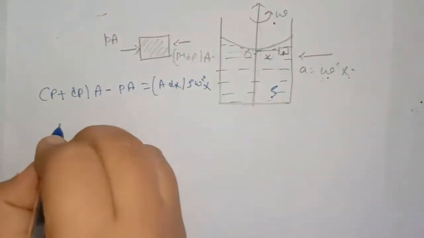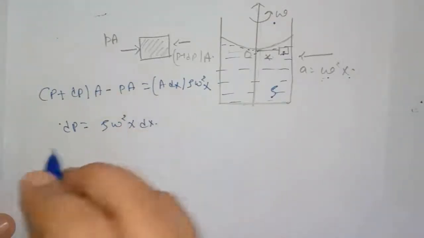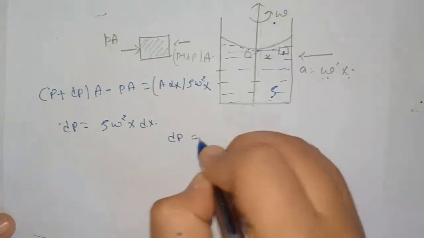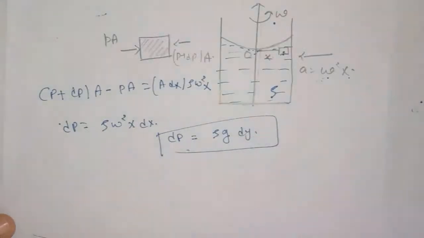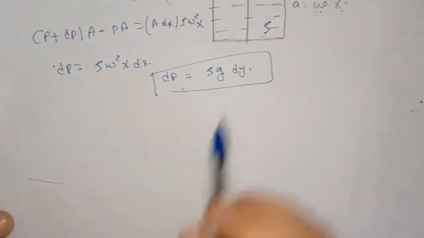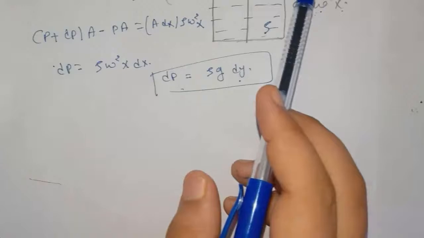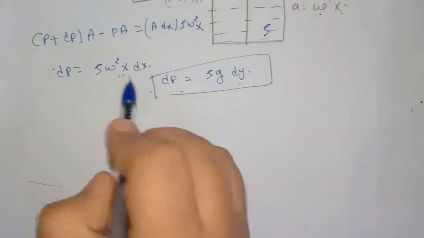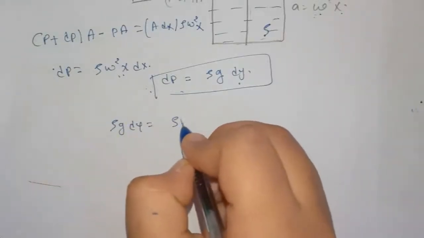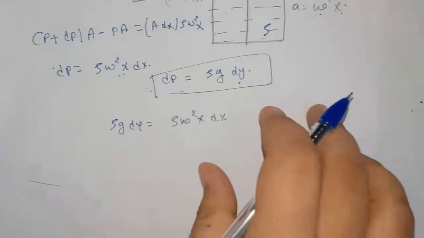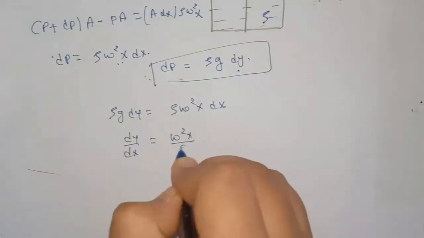From this we can write dp is equal to rho omega square x dx. So dp is equal to rho g dy. dy is the difference in vertical height and dx is the difference in the length. From this too we can write rho g dy is equal to rho omega square x dx. So dy by dx is equal to omega square x upon g.